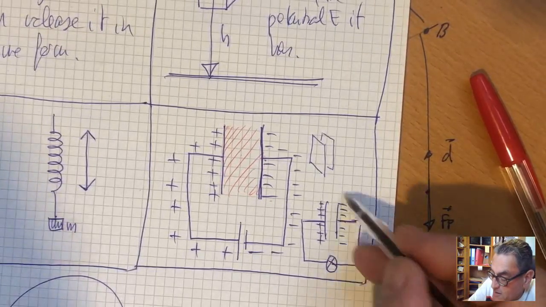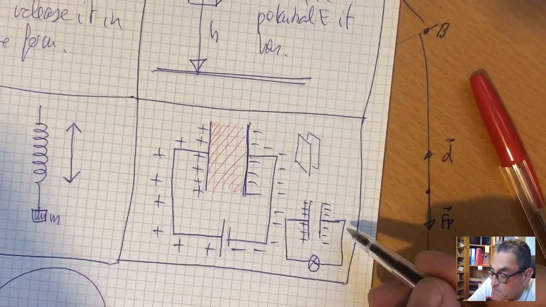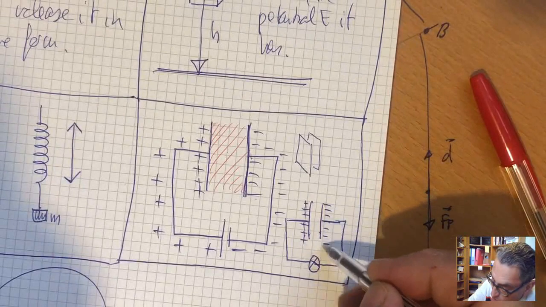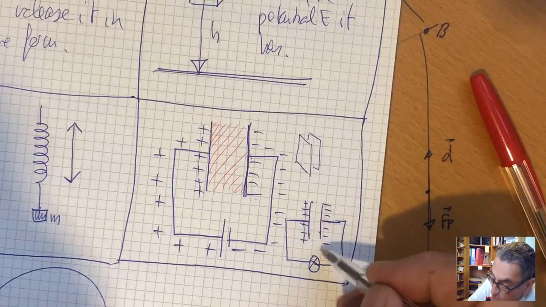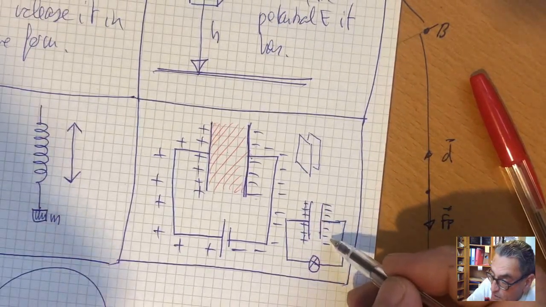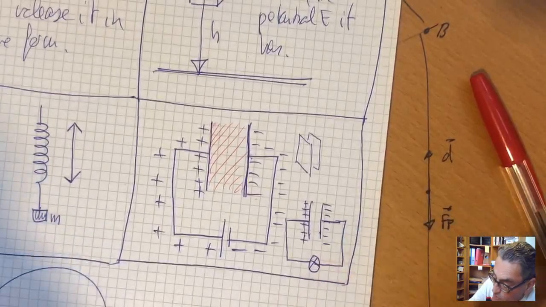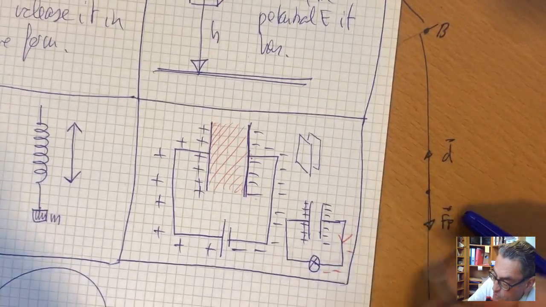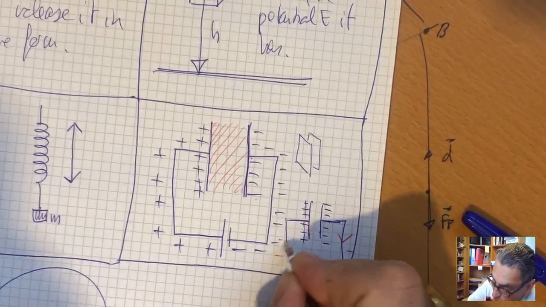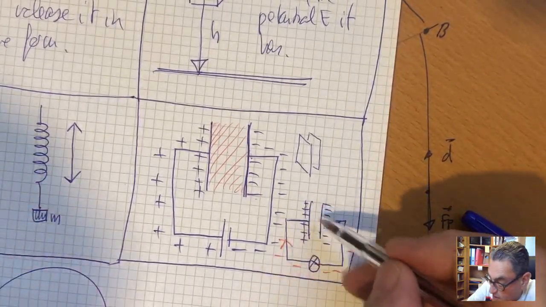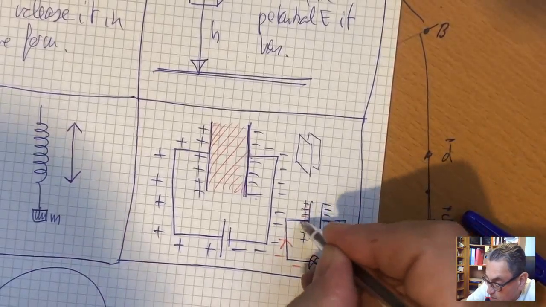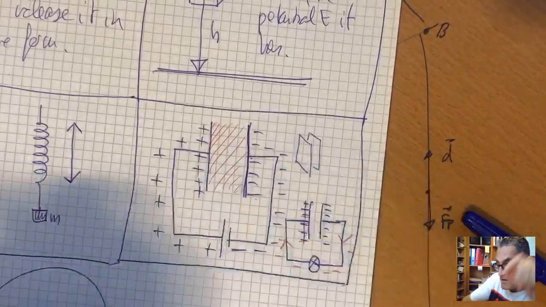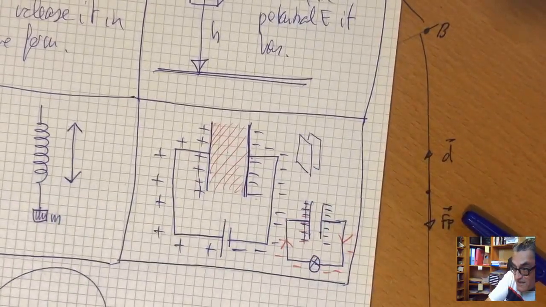Yeah. This capacitor is going to give us back the energy it contains, because here you have a lot of minus charges which have accumulated, and minus charges, they hate each other. They don't like to be close to each other. So these minus charges are going to flow down here, and they are going to flow inside all the circuit, and they are going to come here, and they are going to compensate these positive charges, because positive charges are just atoms with missing electrons.